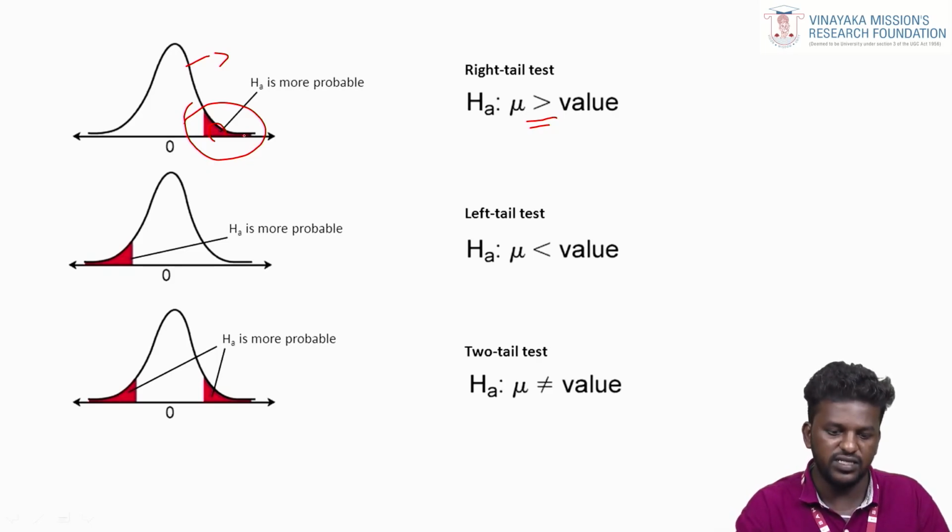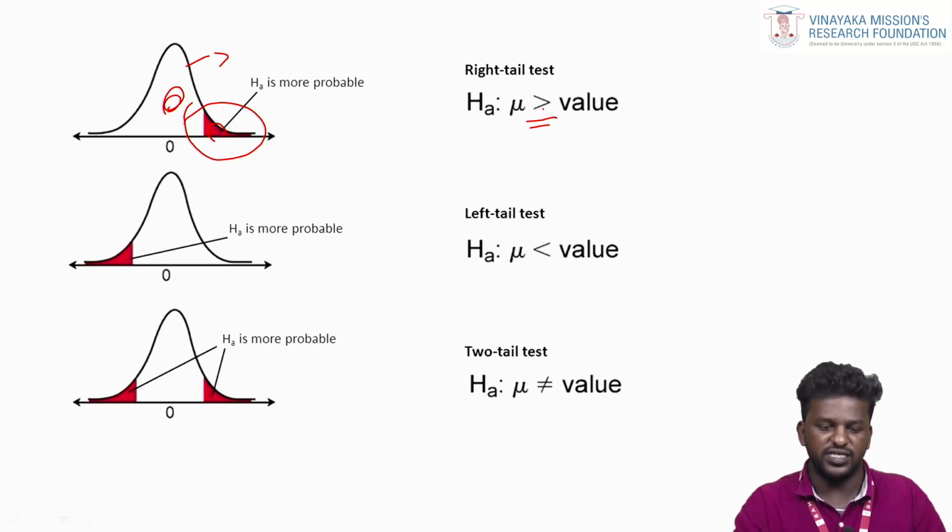This is the critical region and this is the acceptance region, right? Our null hypothesis is accepted if the test statistic falls in that region, right? For right tail test, the critical region is on the right side of the distribution. For left tail test, it is placed on the left side of the distribution curve, right?